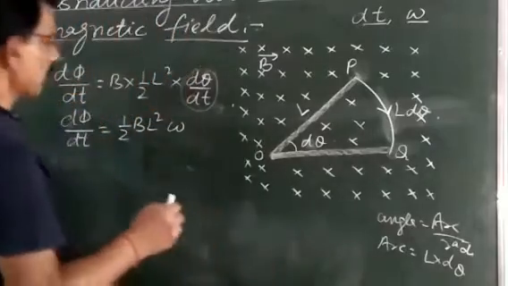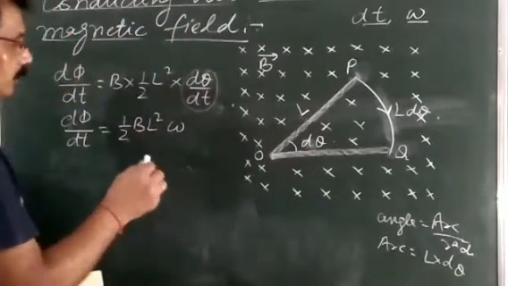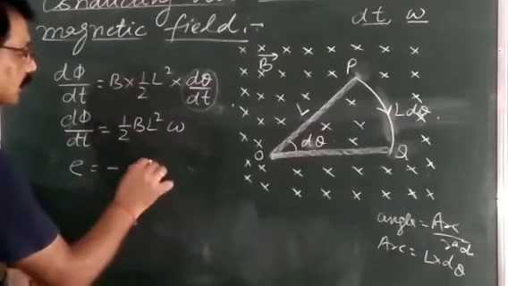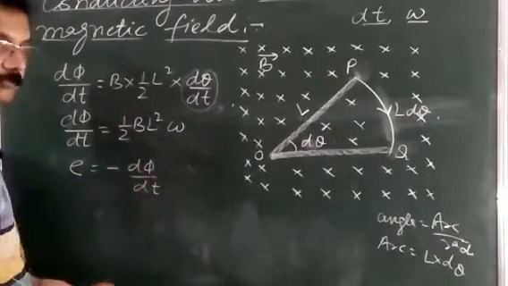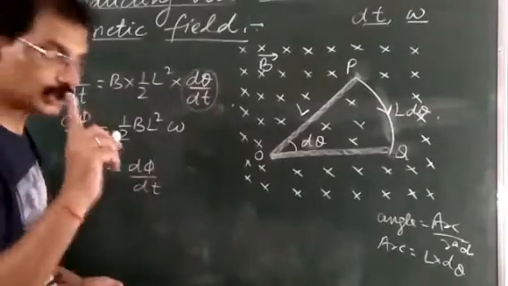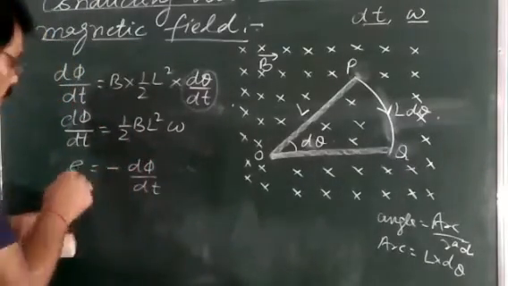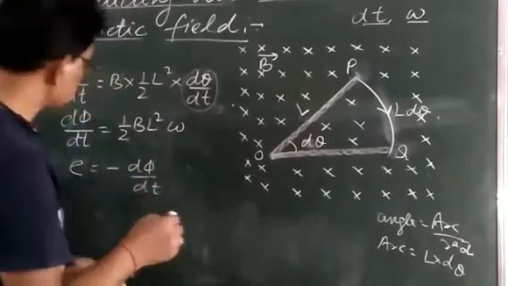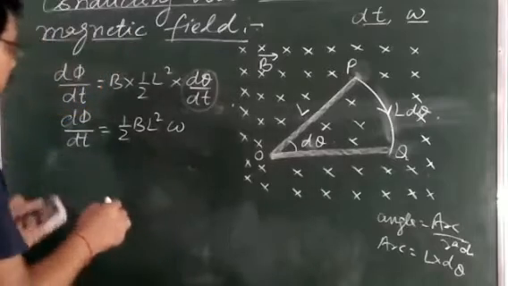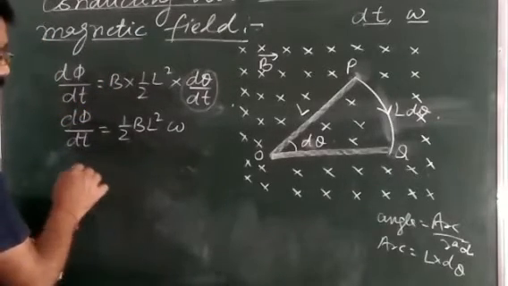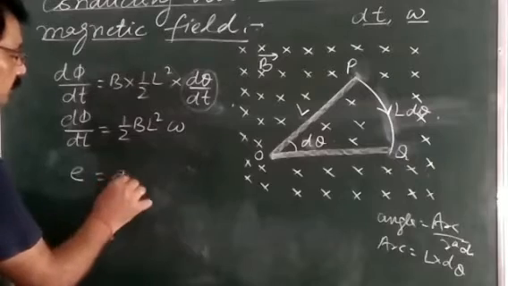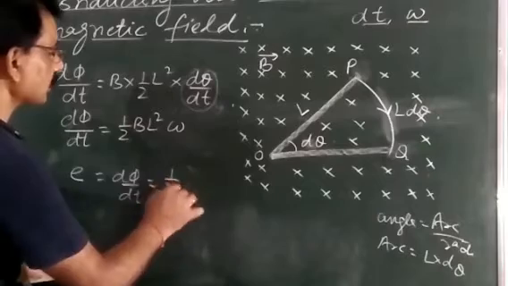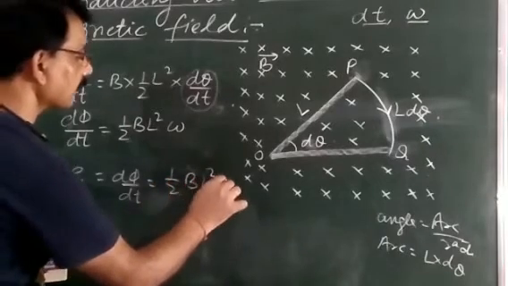One more thing. By Faraday's first law, you know the induced EMF E is equal to minus d phi upon dt. But when you take the magnitude of the induced EMF, mod E, at that time you will write d phi upon dt. So the magnitude of this induced EMF is equal to d phi upon dt, and this d phi upon dt is equal to how much here? Half B L square omega.